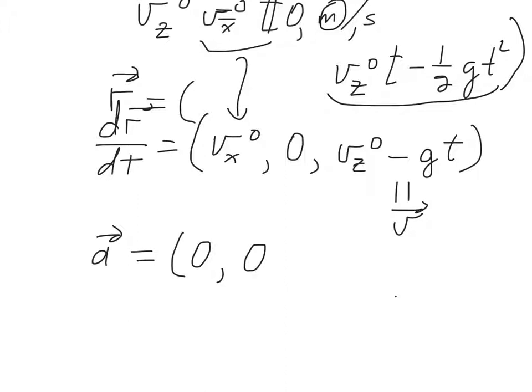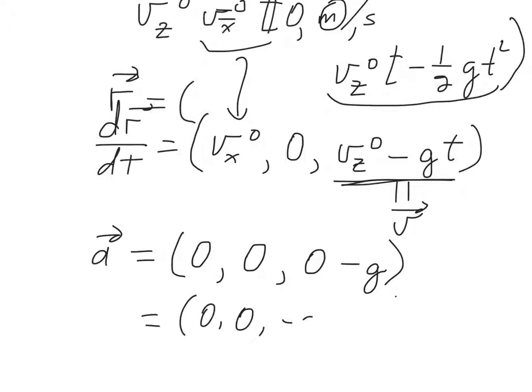And the derivative of the last expression has two components: the derivative of Vz0, a constant, is 0, and the derivative of minus gt is just minus g. So the acceleration is 0, 0, minus g.